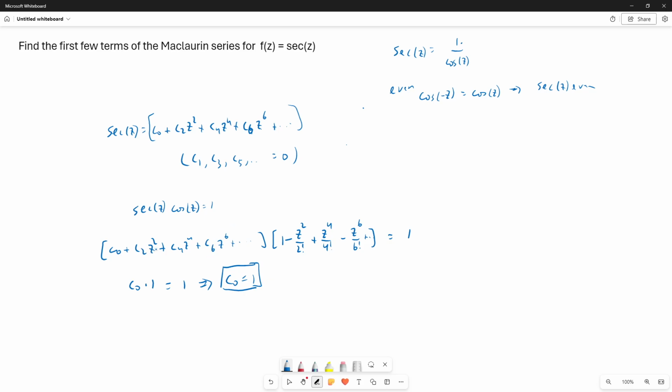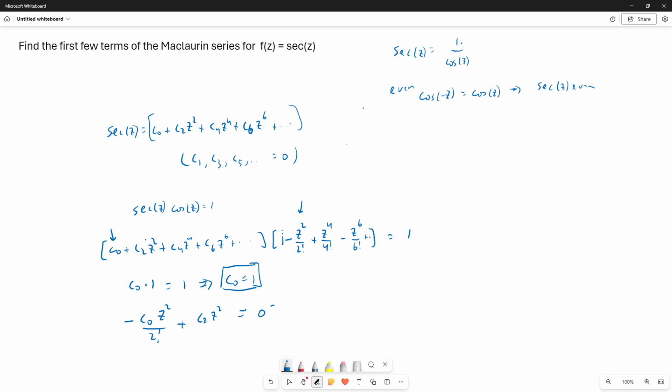Now we'll look at the square term. The square term on the left is negative C0 z squared over 2 factorial when we multiply this one and this one. And then also it's plus C2 z squared times 1, multiplying these two. So those are the possibilities for getting a z squared when we multiply these together.